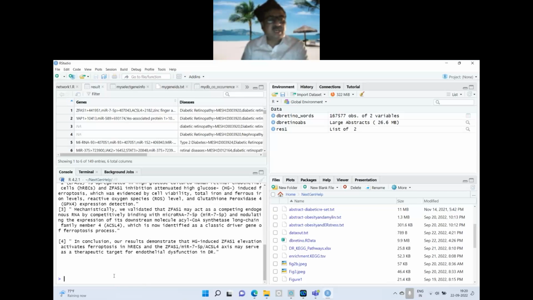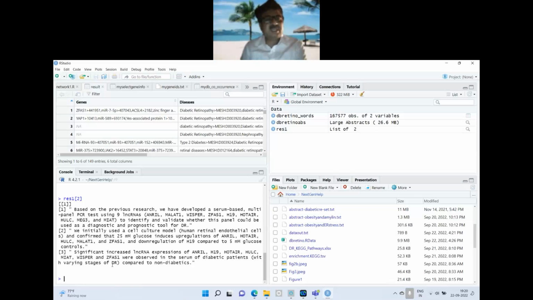Now let's look at the second one. In the second list element, it says based on previous research, we have developed a serum-based multi-panel PCR test using 9 LNC RNAs, and in that they had included ZFAS1.